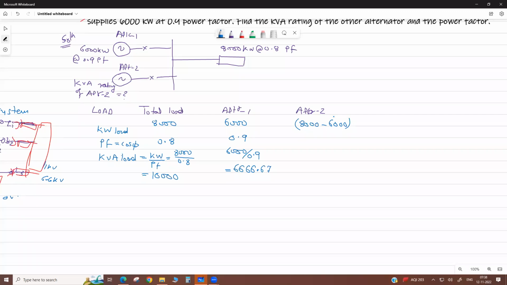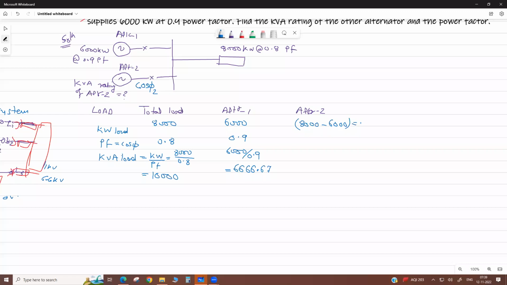You can calculate in both kilowatt and kVA, because sometimes the power factor is not asked, but if they ask for the power factor too, then we can determine the power factor also.